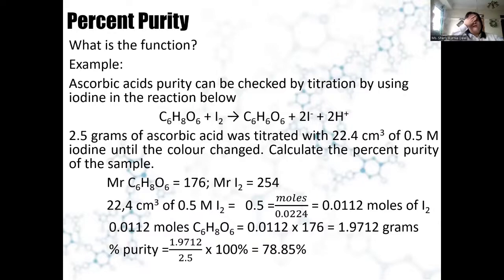In bio, later on you will study the titration of vitamin C. It uses iodine together with starch. The initial color of the indicator will be blue, and after it has reacted, it will be clear. You will study it later in bio also.